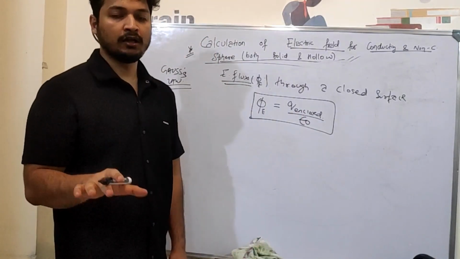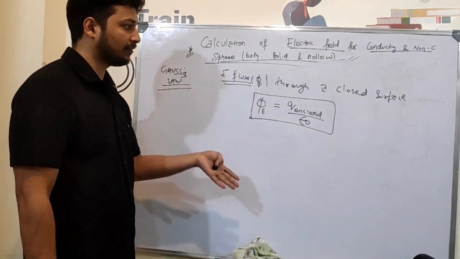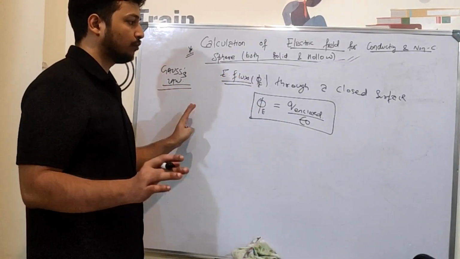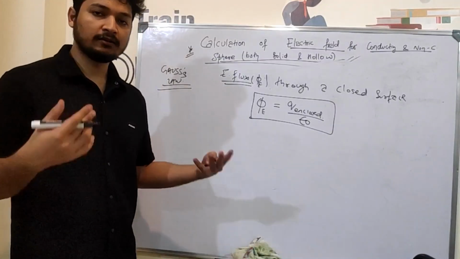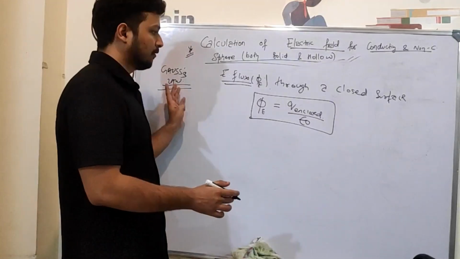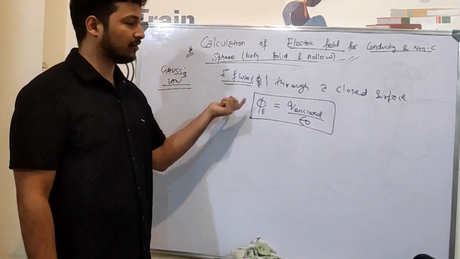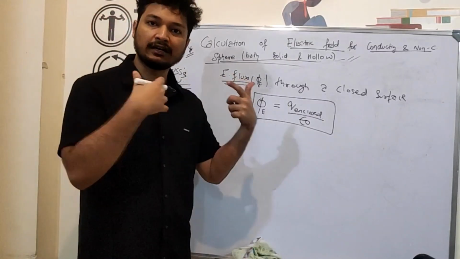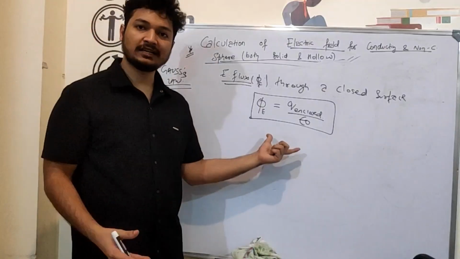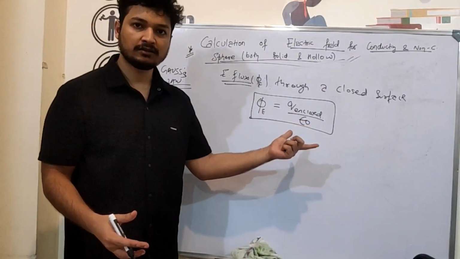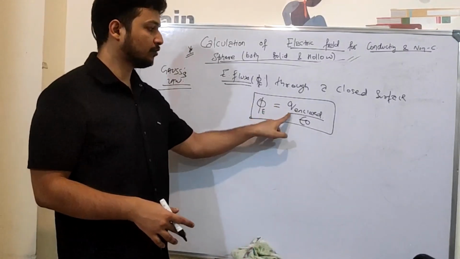Now once we know what Gauss law is and what electric flux is, if you want to know in detail, I will make another video about both those things. But essentially for our purposes, electric flux is nothing but flow of electric field, first thing. And what Gauss law says is that the net electric flux through a closed surface will always be equal to the total charge enclosed by that closed surface.